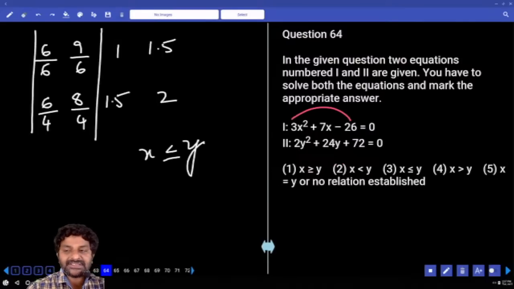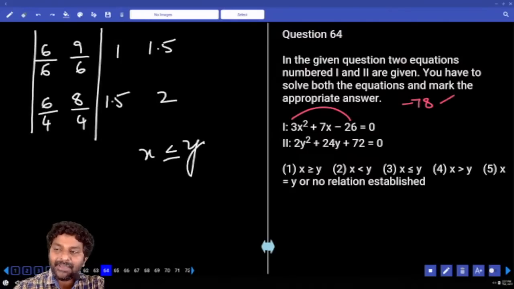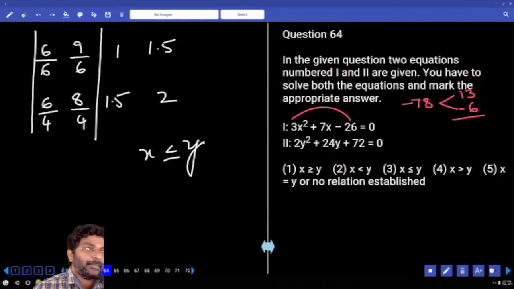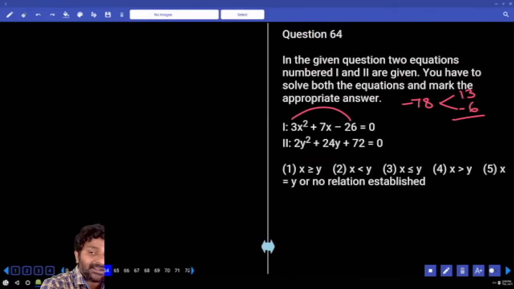Come on, product is minus 78. This can be written as 13 6 times only, plus 13 minus 6 combination. Product is negative, sum is plus 7. Satisfied? Factors are minus 13 plus 6 divided by 3.